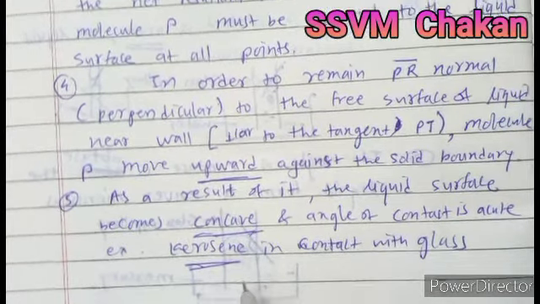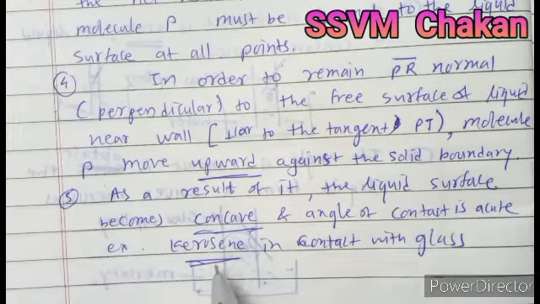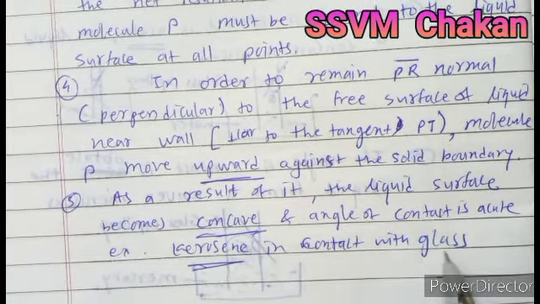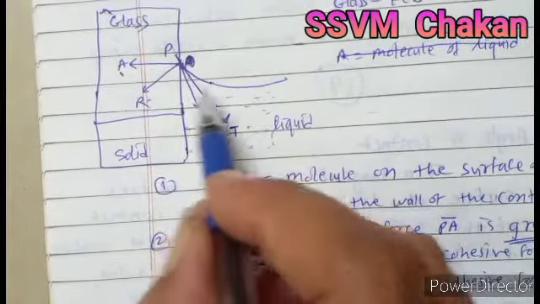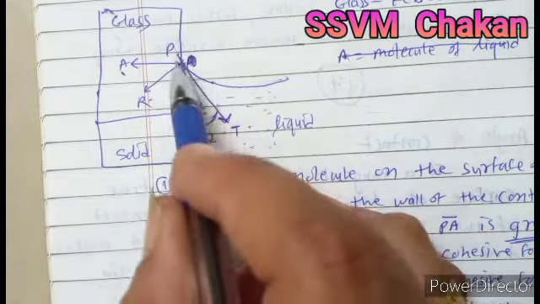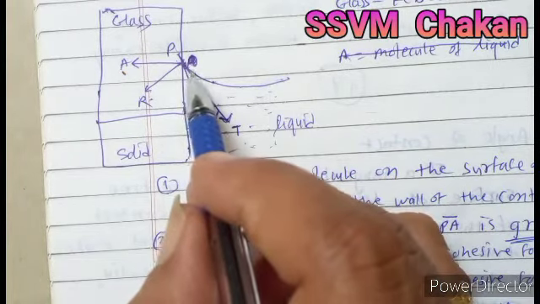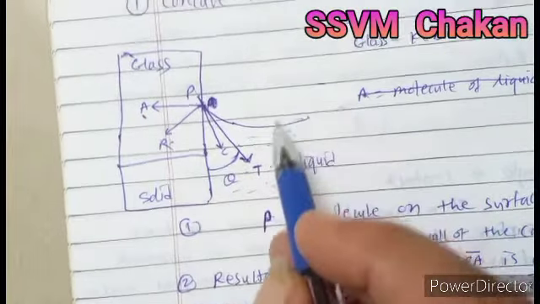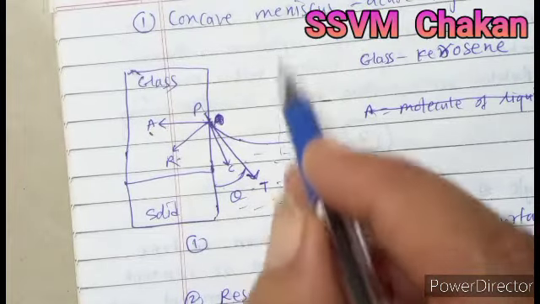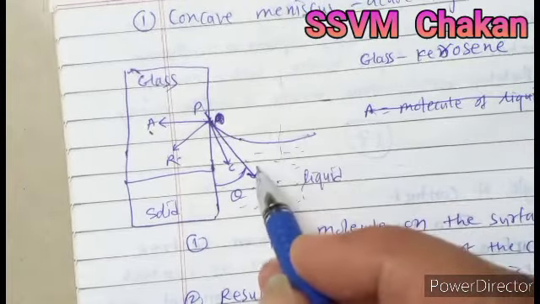This is the case for kerosene in contact with glass. Point P is raised to some height and this surface now becomes concave. So it is called a concave meniscus. This is known as a concave meniscus.